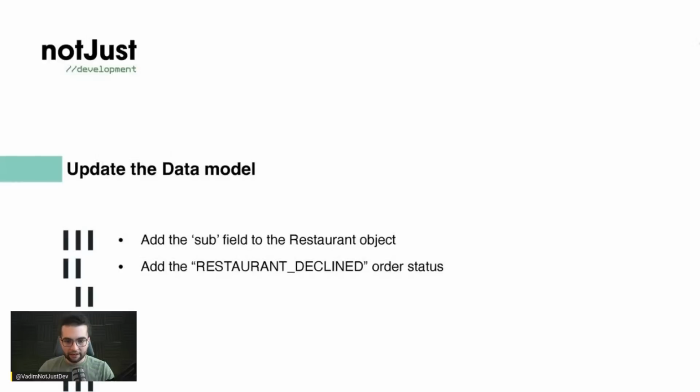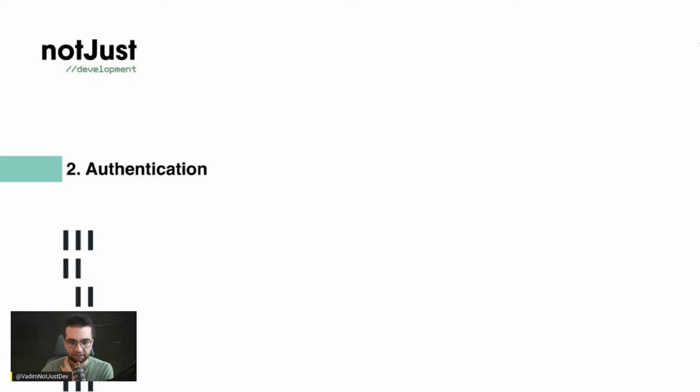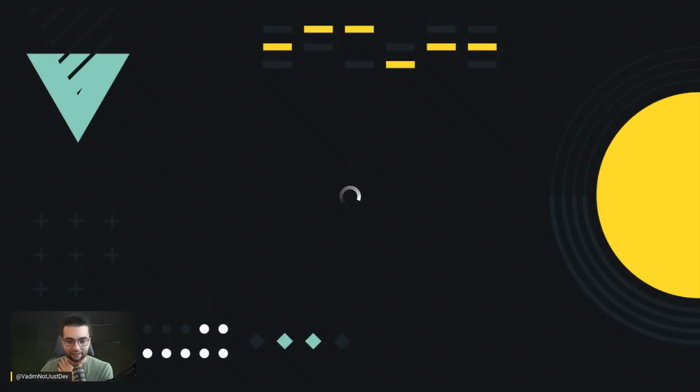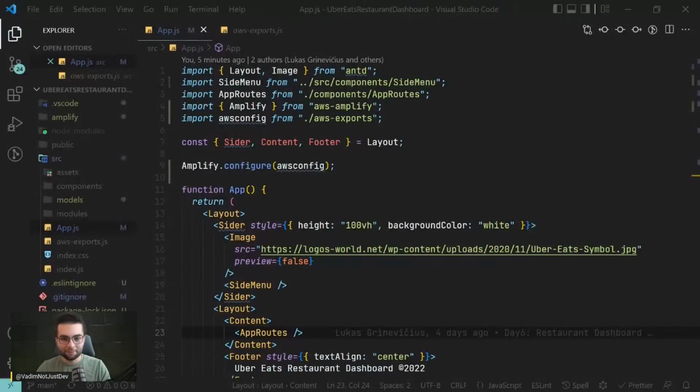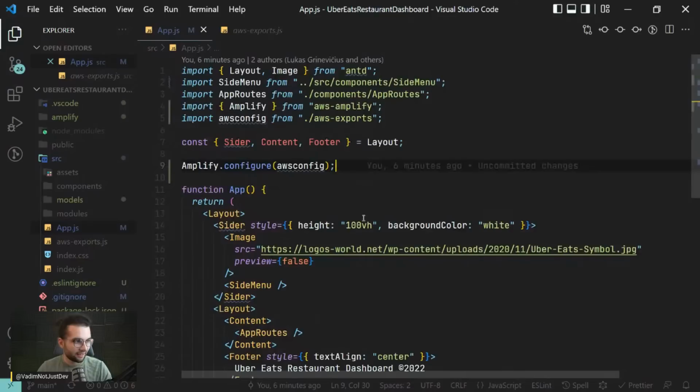So, what's our next step? We have updated the data model by adding the sub field to the restaurant and adding the restaurant declined order status. Actually, we added declined by restaurant. All right, the next step is authentication. And authentication, similar to React Native, is very easy here.